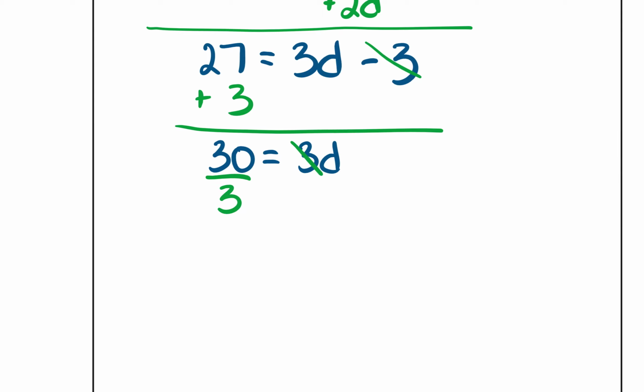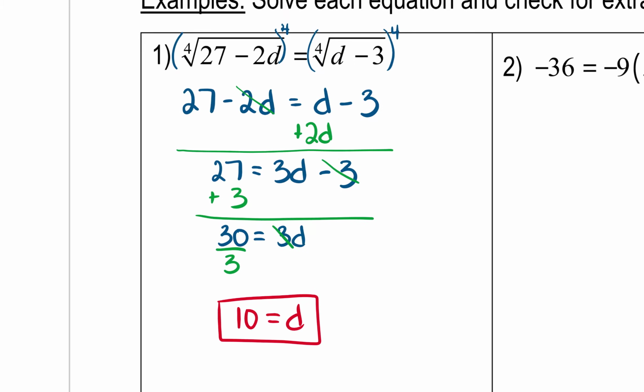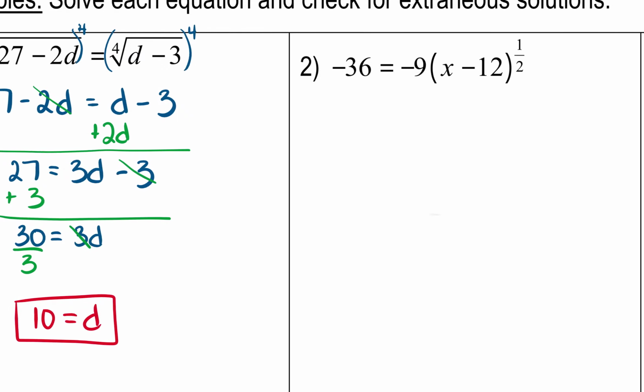So on this one, my answer would be 10 equals D. Okay. Now, I don't have to worry about extraneous solutions because I had 2 roots. No letter or variable was outside the radical, so that's not a concern. So for these, I can just solve like normal and move on to the next one.